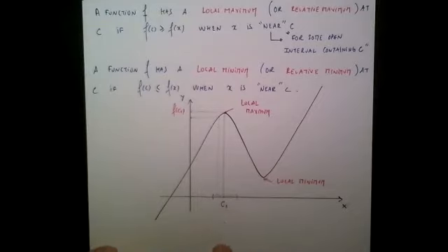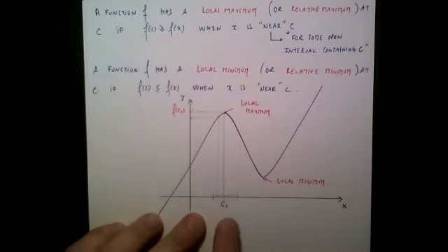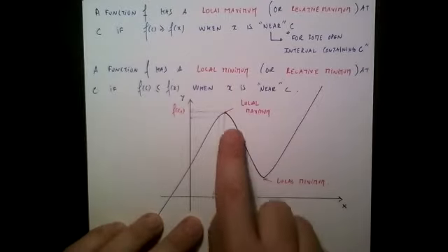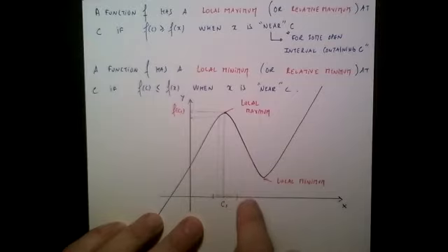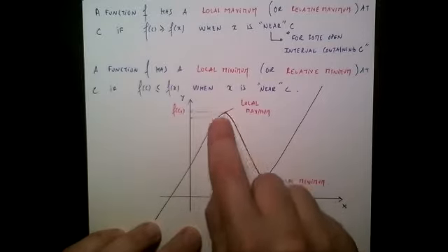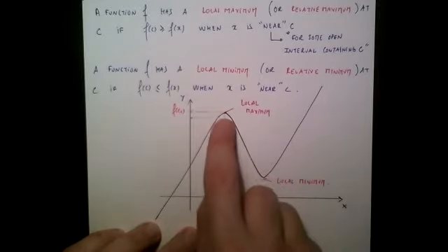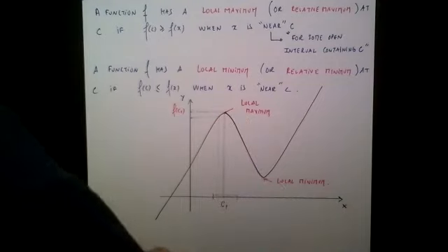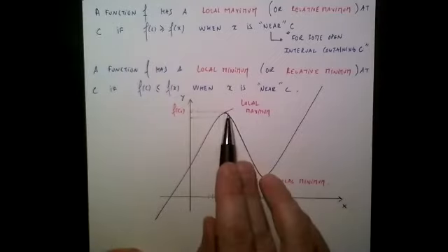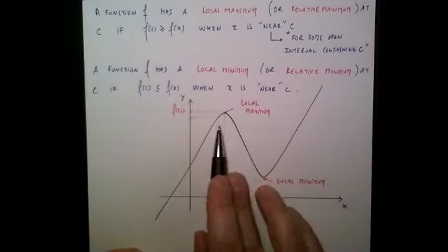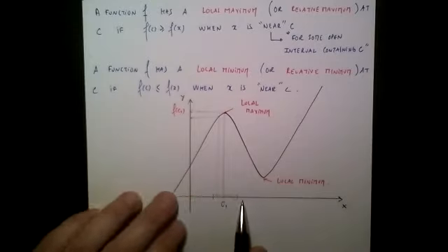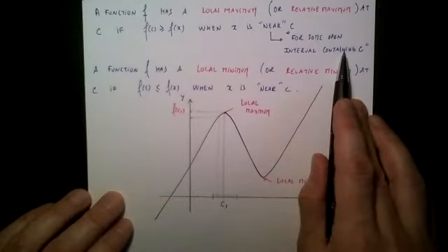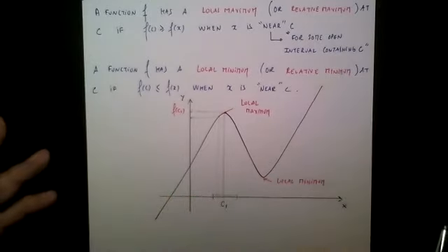But for now, what you have to understand is that for a function to have a local maximum at C1, it's like he's the king of his little region. Around here he's the boss. But if you go a bit further out of your neighborhood, there are people that are higher than him. That's what it means.